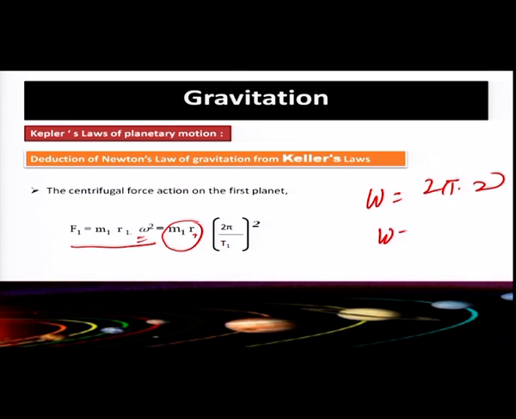In place of nu, I can write 1 by T, so omega is equal to 2 pi by T. This omega, 2 pi by T, is substituted over here and it becomes m1 r1 into 2 pi by T1 the whole squared.